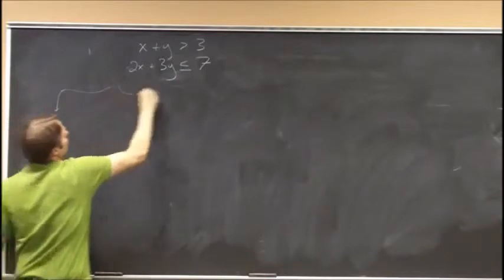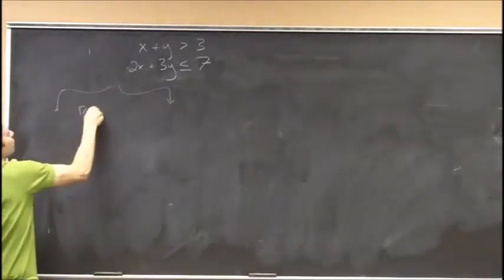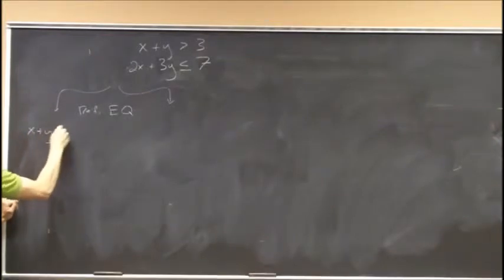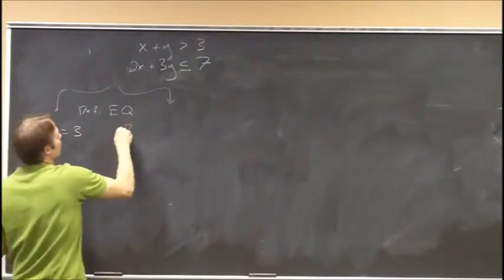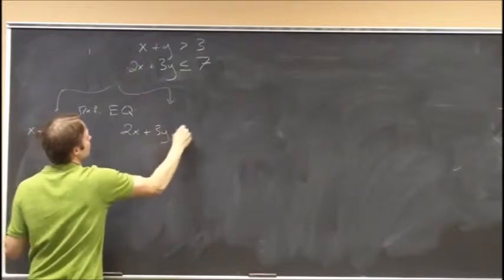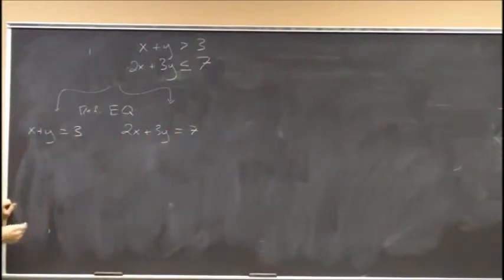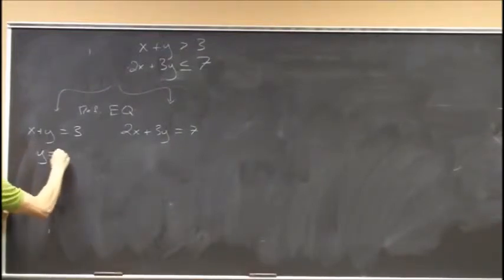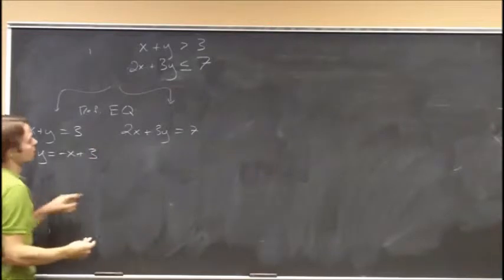So we'll create a reference equation for each one, just like before. So this becomes x plus y is equal to 3. This one is 2x plus 3y is equal to 7. Let's put these into slope-intercept form. To put this one into slope-intercept form, I just need to subtract the x. So this becomes y is equal to negative x plus 3.